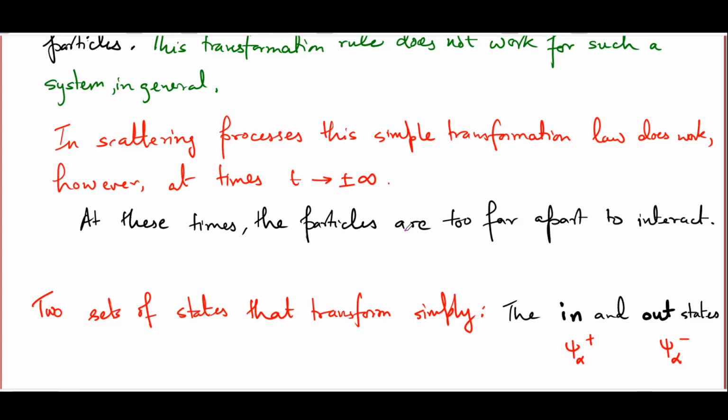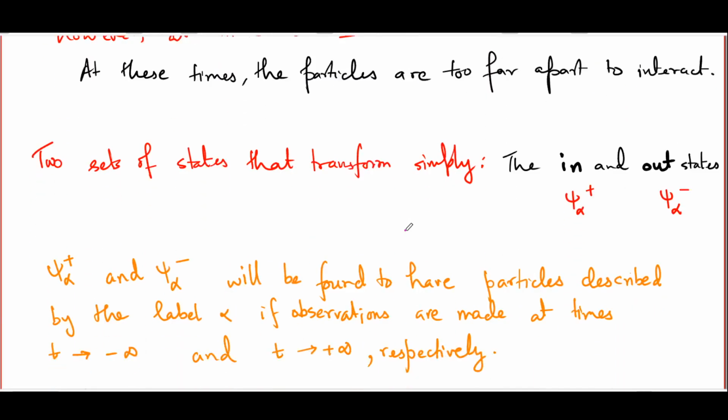So in our theory of multi-particle states, even interacting particle states, we will have two sets of states that transform simply. These are the so-called in and out states, represented by ψ_α^+ and ψ_α^-, respectively.